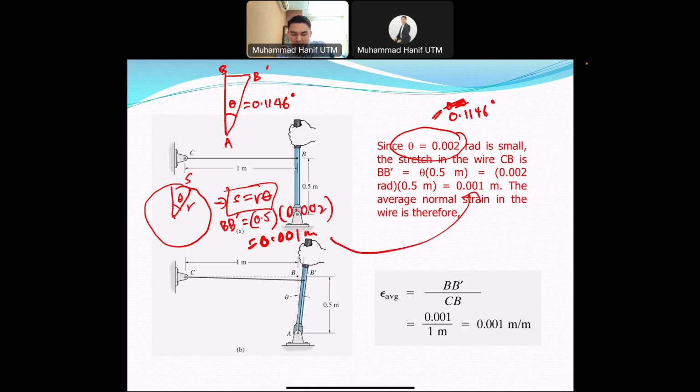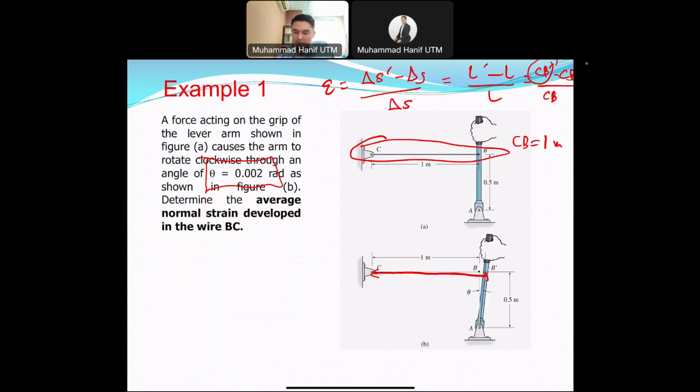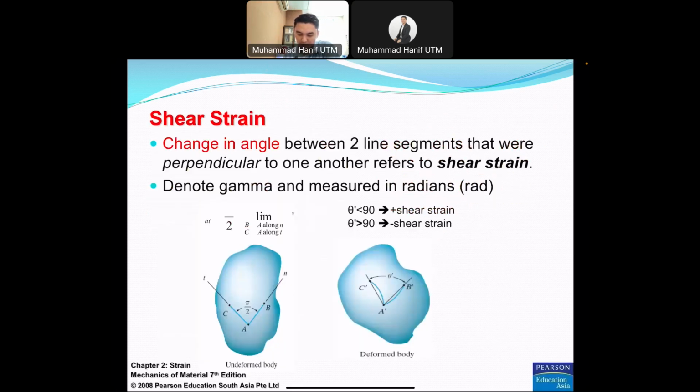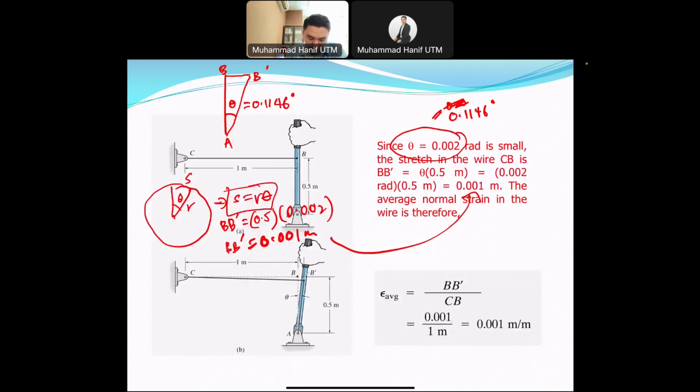Once you have the BB prime, just put it into the equation, like I show it here. You can write it like this: BB prime over CB as well. So the basic thing you need to know is the equation: delta s prime minus delta s over delta s.